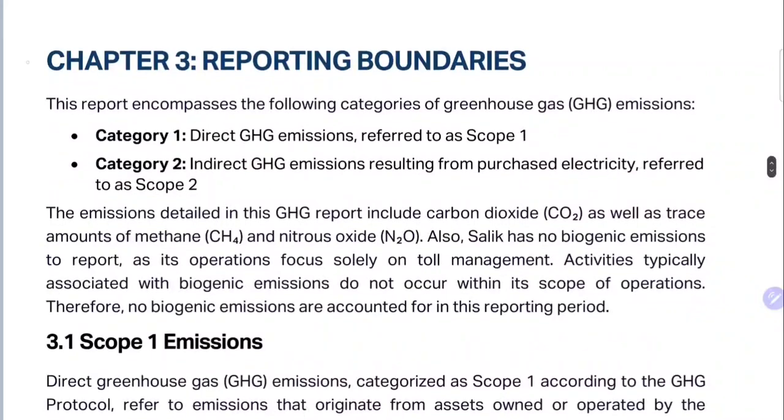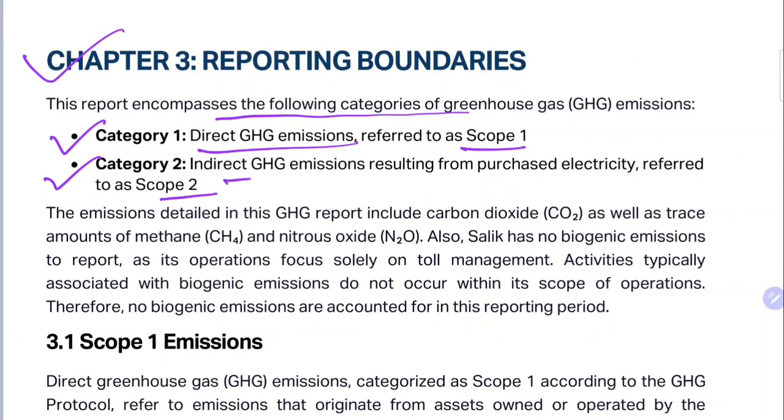Now we see reporting boundaries, chapter number 3. Here in the report itself it is clearly written: the following categories of greenhouse gas emission, category 1 and 2. So basically scope 1 and scope 2: direct GHG emissions, scope 1, and indirect GHG emissions from purchased electricity, therefore scope 2. Okay, the emissions detailed in the GHG report include CO2, carbon dioxide, as well as trace amounts of CH4, methane, and nitrous oxide, N2O.